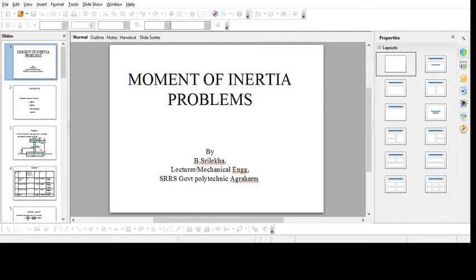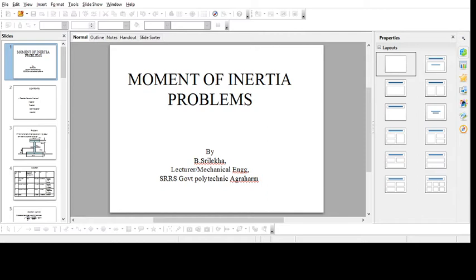Next, let us determine the moment of inertia of a channel section about its centroidal axis. Given a channel section whose length is 50, whose depth is 100, and the thickness of the depth is 6, whereas the thickness of its length is 9.